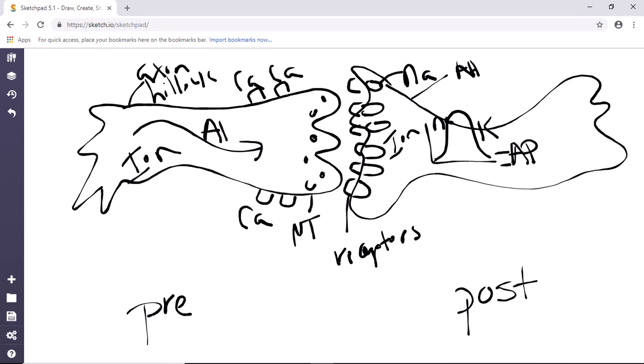The action potential travels down. It reaches these calcium channels, which cause the release of the neurotransmitter, which goes and binds, which opens the sodium channel, giving you the action potential that will then propagate to the next player you have here, right? So this is the pre. This is the postsynaptic neuron.